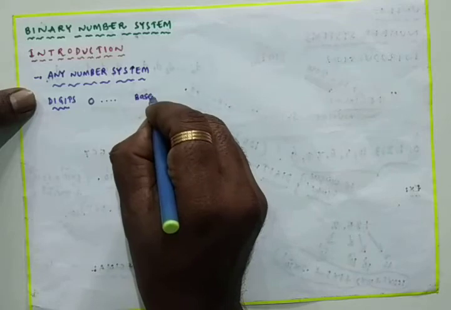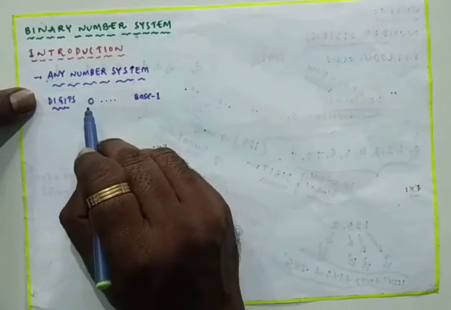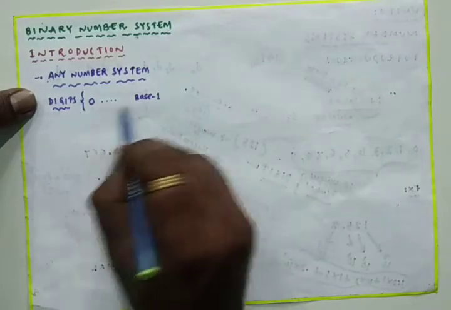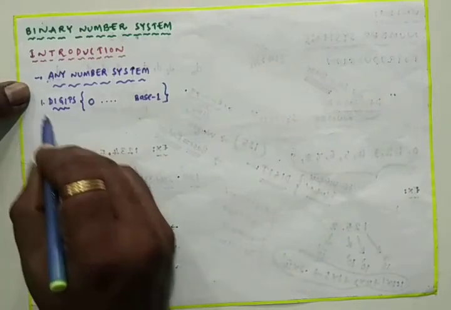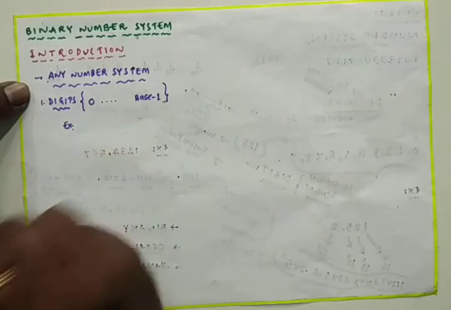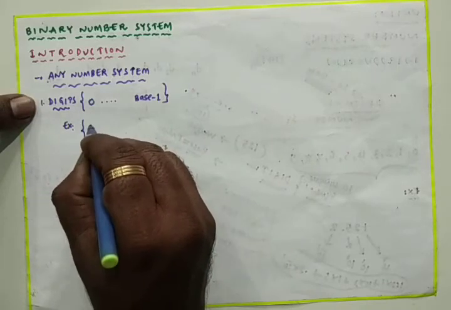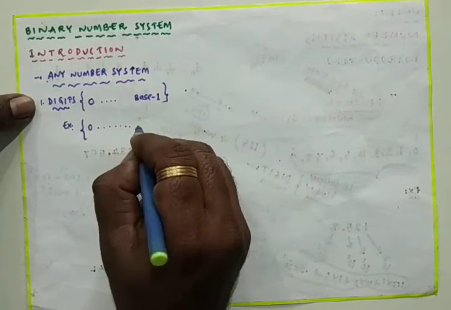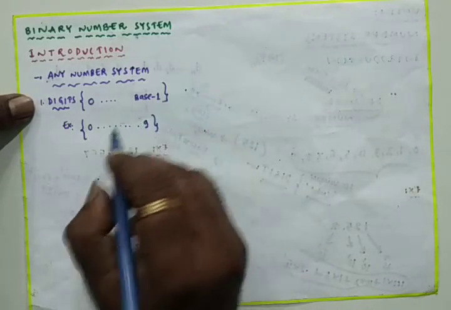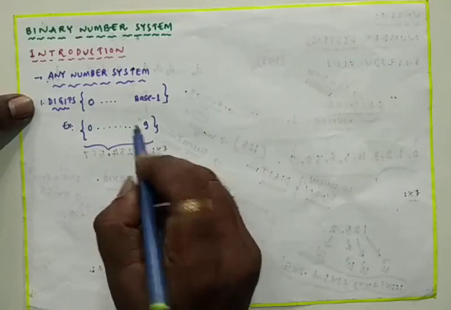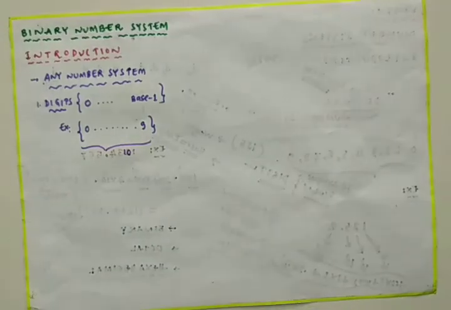That means we need to know the base of that number system. Anyway, digits are from 0 to base minus 1. For example, if you go with the decimal number system, the base is 10, so obviously it starts with 0 and ends with base minus 1. Base is 10, 10 minus 1 is 9. 0 to 9, how many digits is it having? How many unique symbols is it having? It is 10. That is the first point.